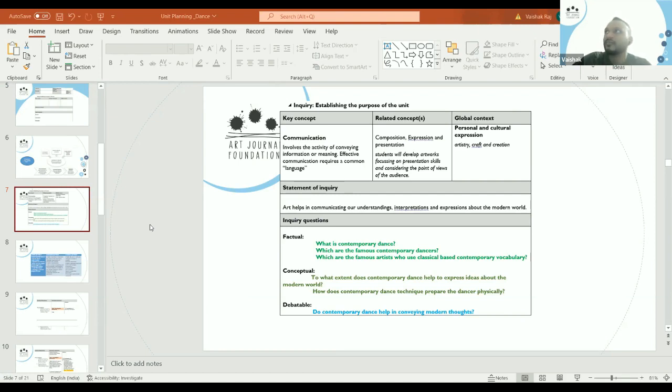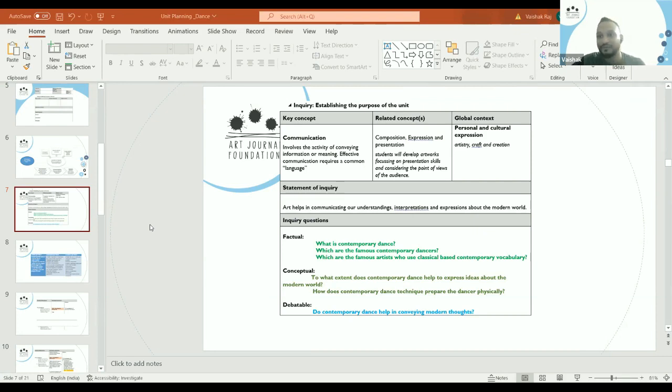For example, if I put a question: does hip hop dance open more ways of expression, or does hip hop dance enable us to build stronger ways of expressing ideas, then it's a debatable question.